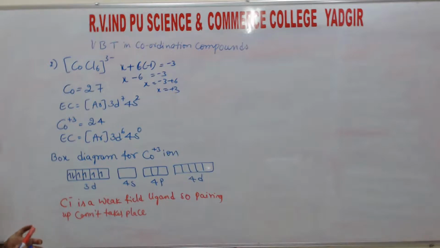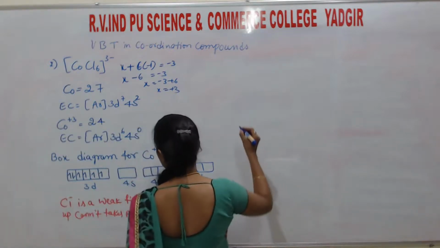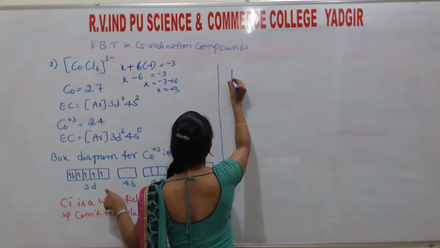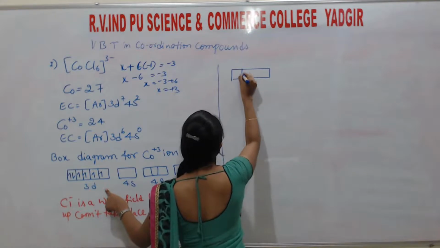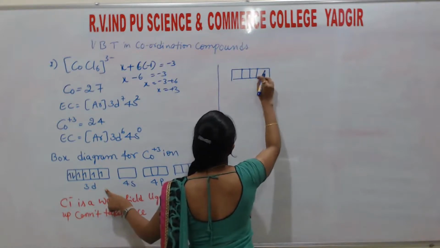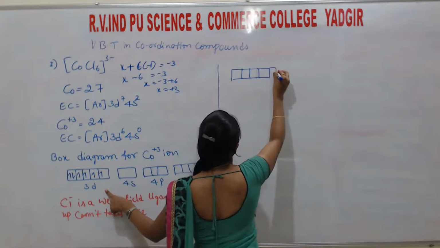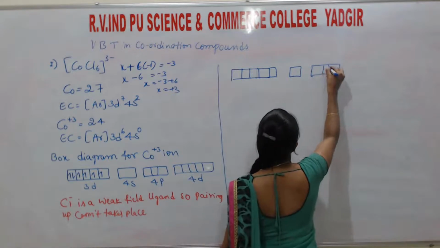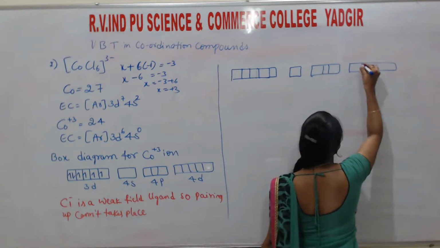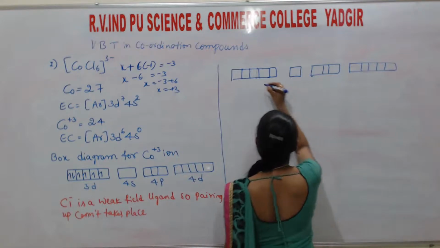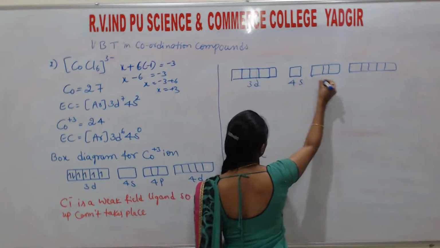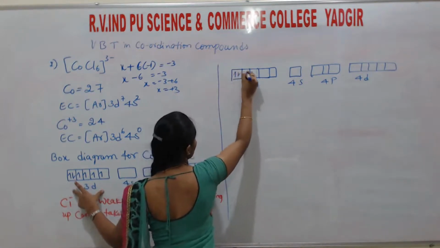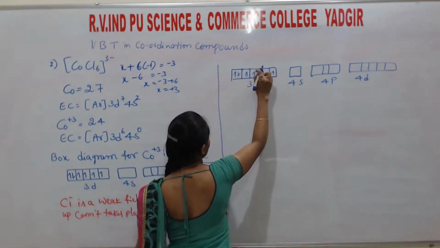Okay, so if pairing up cannot take place, then the hybridization follows the same way. This is 4s, this is 4p, and this one is 4d. This is 3d, 4s, 4p, 4d. So pairing up doesn't take place, means students, this remains as it is.